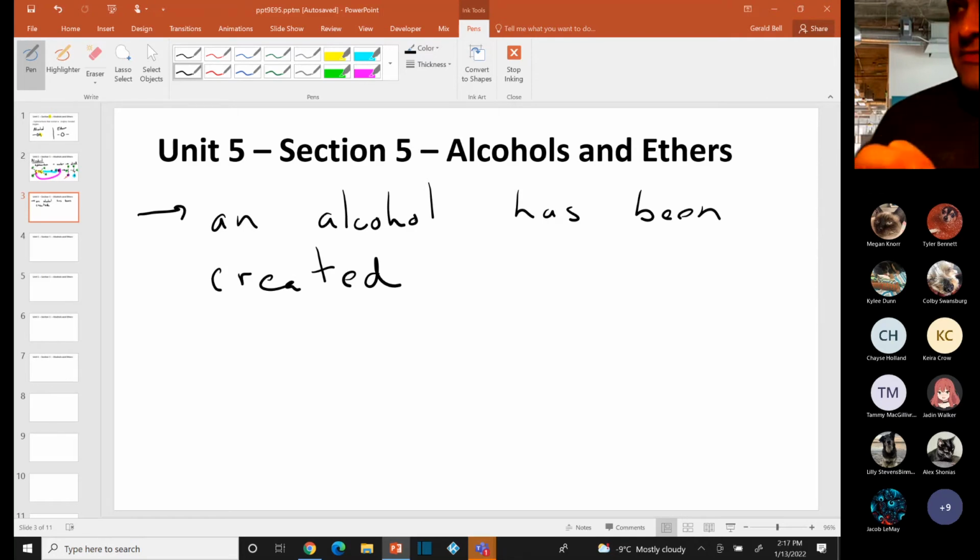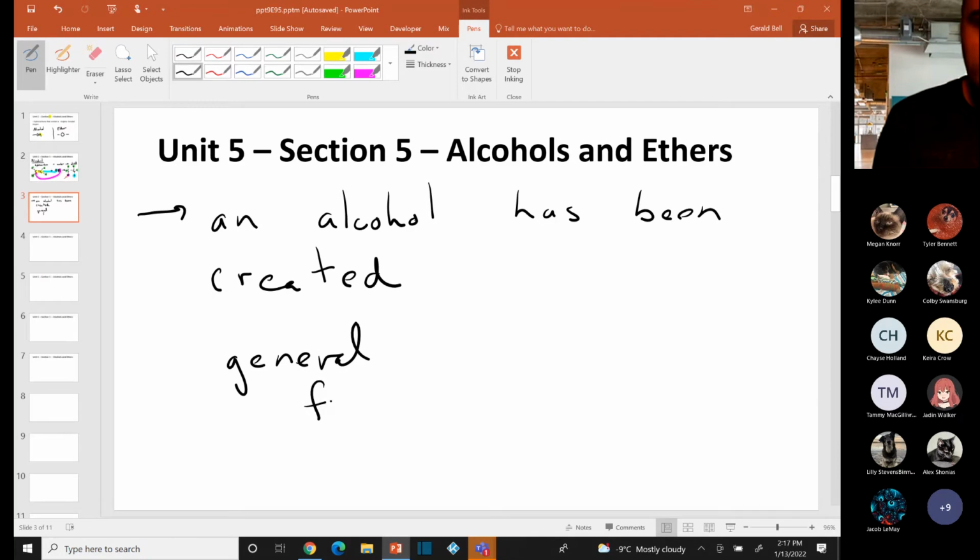Now there's a general form, so we've got to get kind of used to these general forms. Hopefully it's not too confusing. So here is the general form of an alcohol. What you do is you write an R, and that R represents all the hydrocarbon stuff.